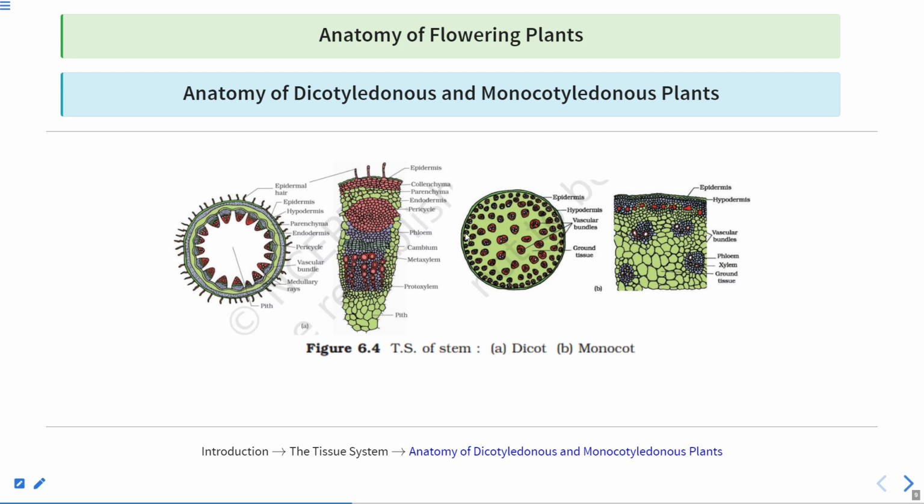Smaller vascular bundles are present at the periphery and larger vascular bundles are in the center region. In the dicot, the vascular bundles are arranged in a ring-like structure. You can see a large pith in the dicot stem, whereas the pith is very, very small in the monocot stem.